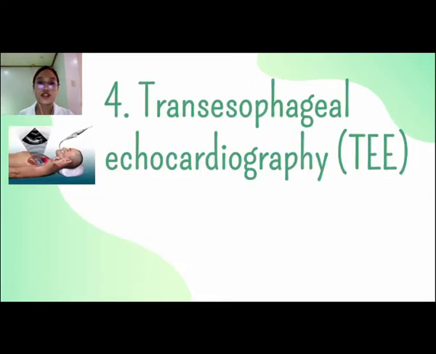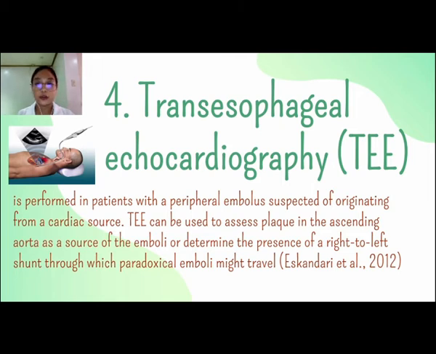Next, transesophageal echocardiography. This is performed in patients with peripheral embolus suspected of originating from a cardiac source. TEE can be used to assess plaque in the ascending aorta as a source of the emboli or determine the presence of a right-to-left shunt through which paradoxical emboli might travel.